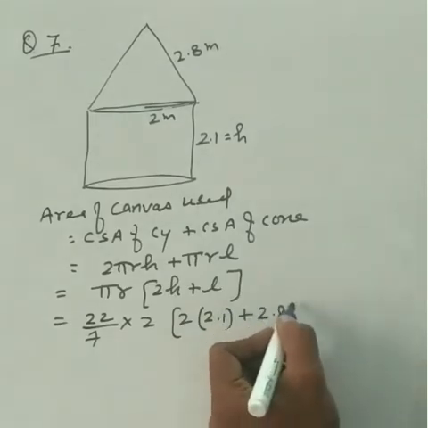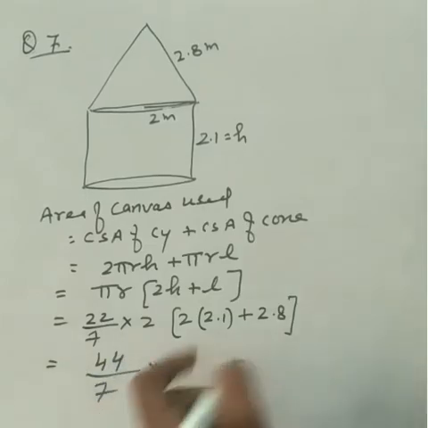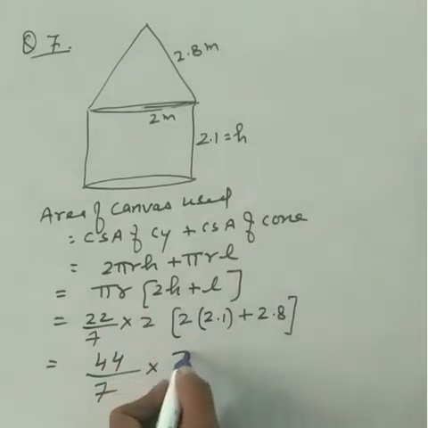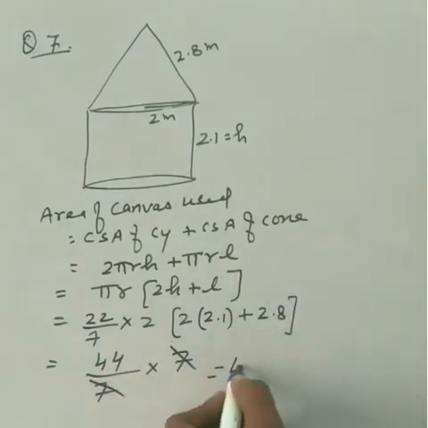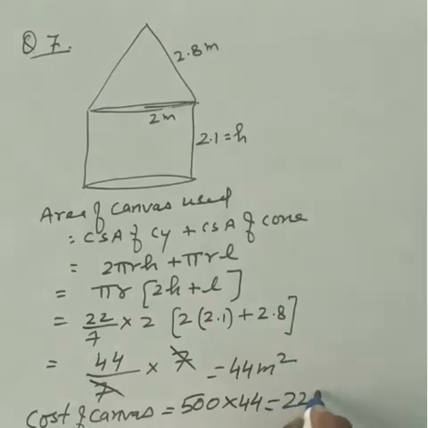L is 2.8. 44 upon 7 into 4.2 plus 2.8, that is 7. So 44 meter square is the surface area. Cost of canvas. Cost is rate into area. Rate is 500. Area is 44. 22,000 rupees is the cost of canvas.